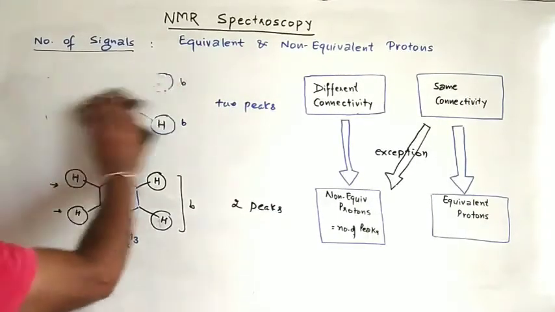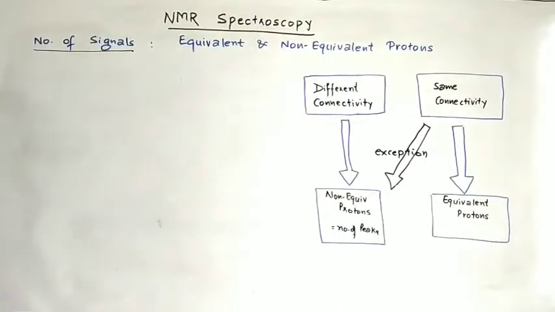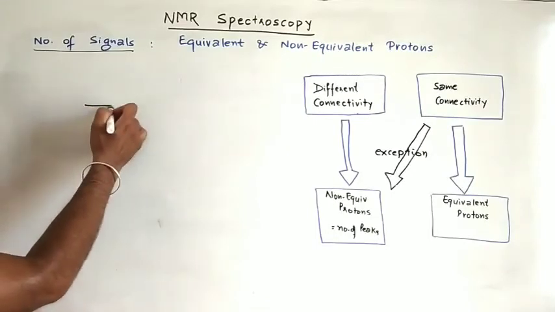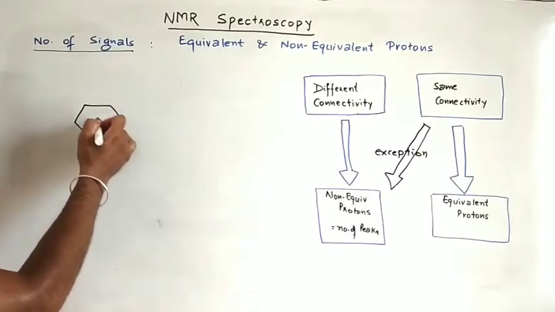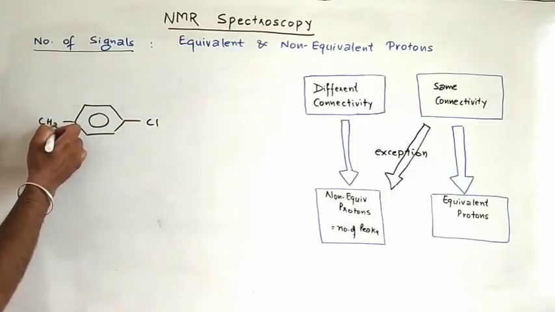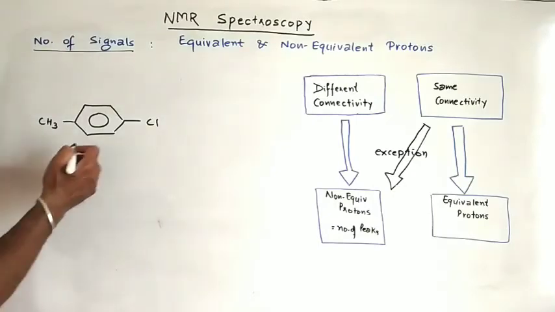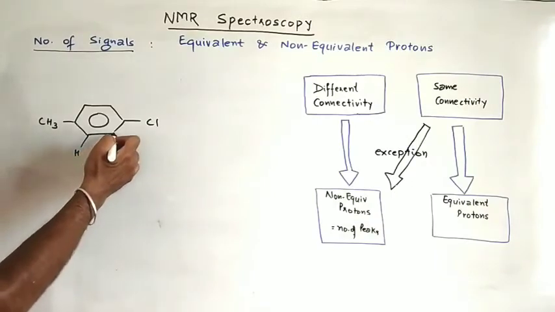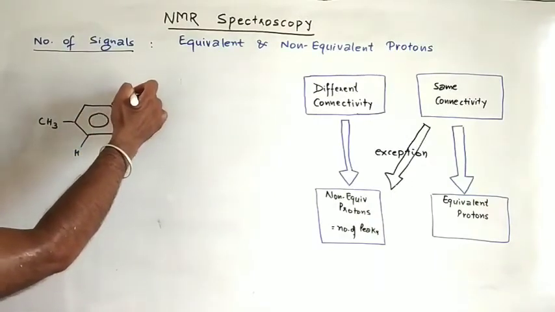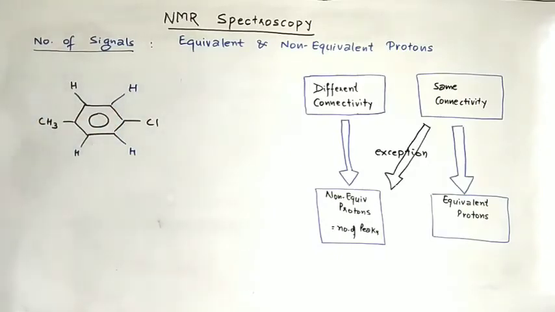Okay, next example, again benzene. If we have such a type of compound, Cl here, methyl here. How many types of protons are there? So you can see here is also a proton, here is also a proton, here is a proton, and here is a proton. Okay.